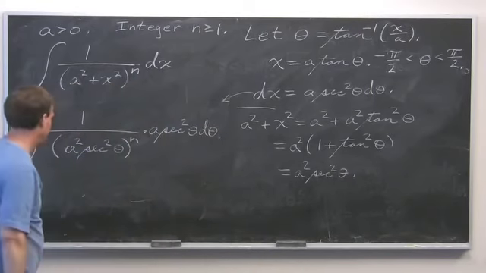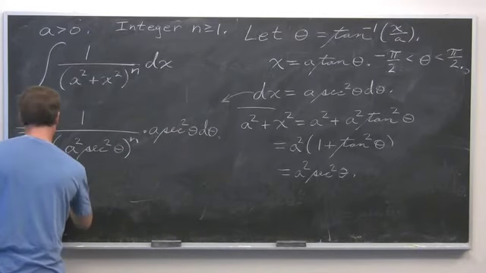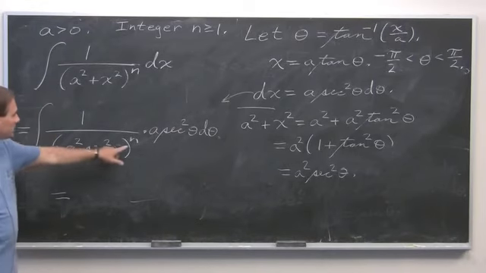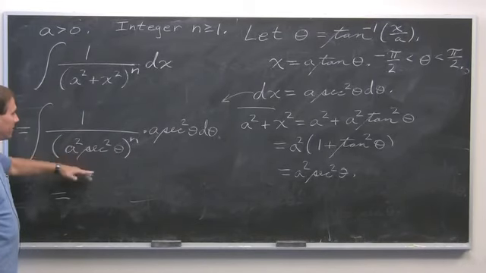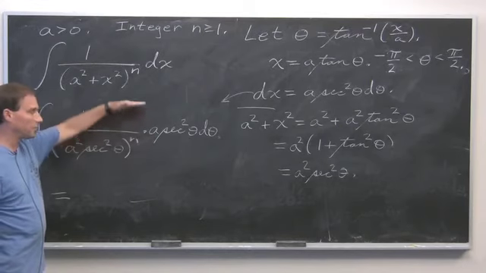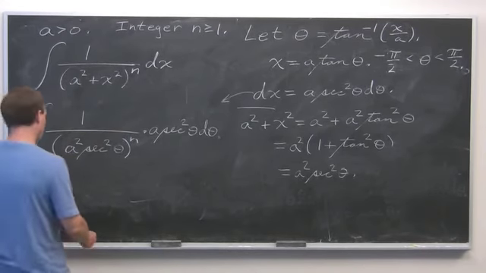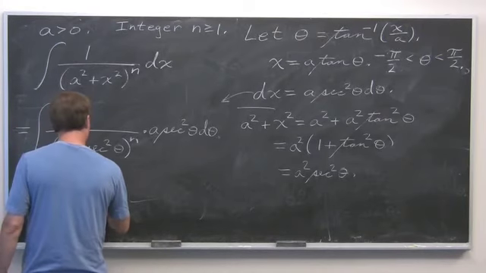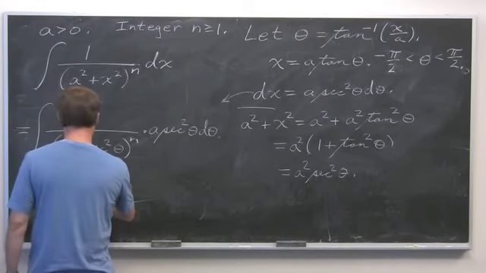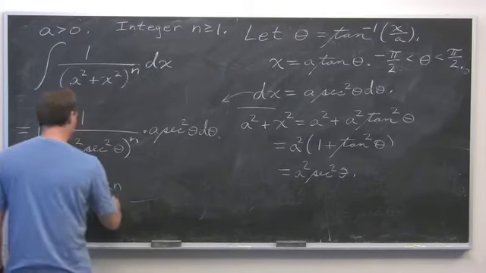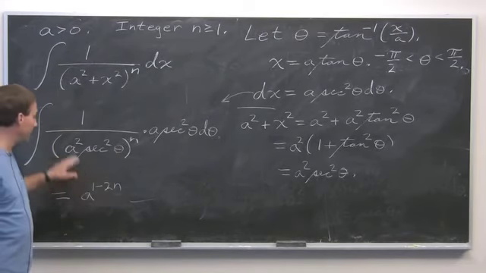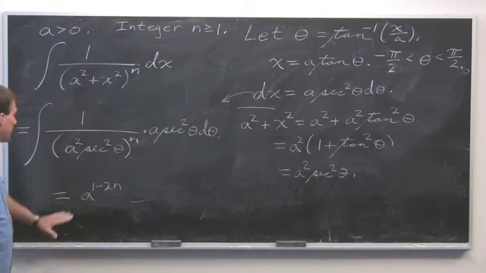All right, what does this give us? So we have a squared to the n. That's a to the 2n in the denominator, but then you've multiplied by an a in the numerator, so that's a to the 2n minus 1 in the denominator, or what's the same thing, a to the 1 minus 2n. Right? This is a to the negative 2n times another a. That's a constant.